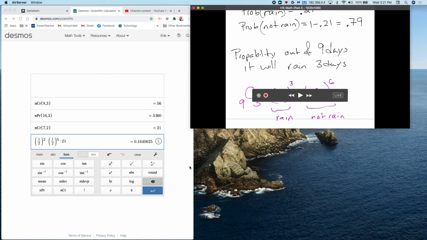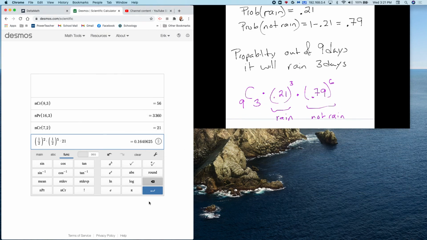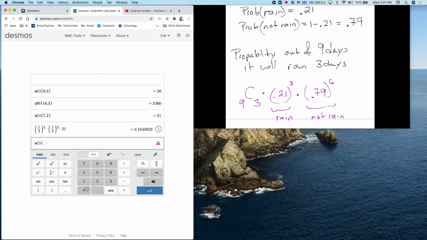So if I go over here to my calculator and hit enter, and I do combinations, and I go over to my main, and I do 9, comma 3, close that parenthesis, times 0.21, and if I need an exponent, I can hit this b here, raise that to the 3rd power.